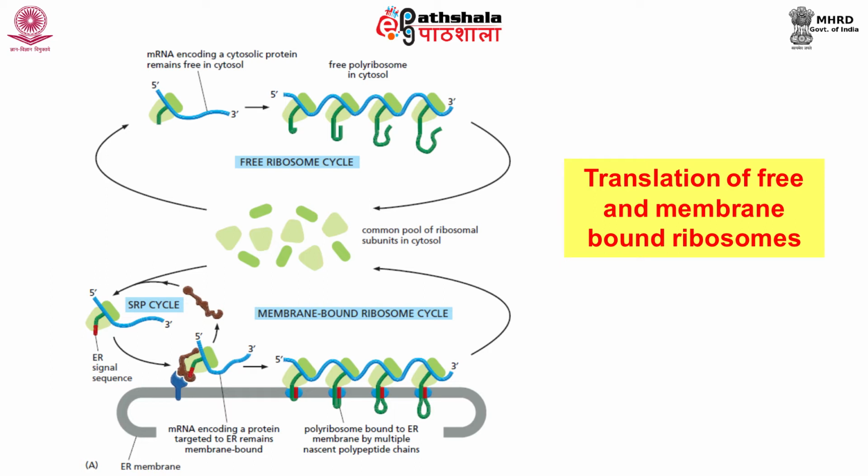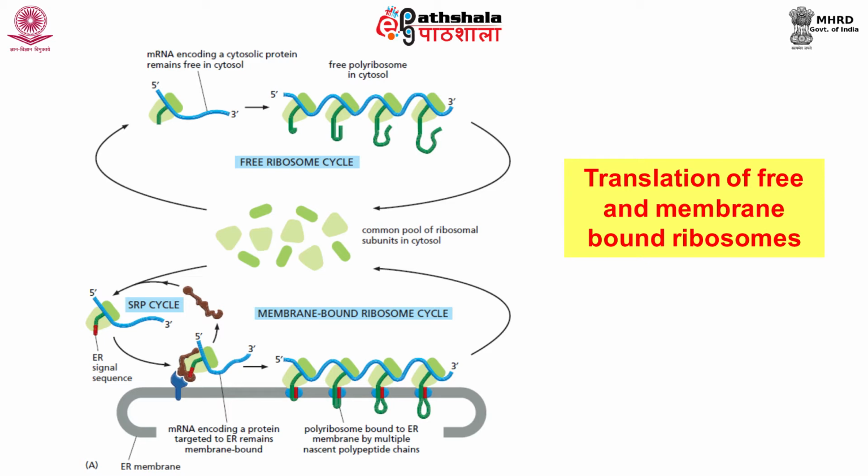Many free ribosomes from the ribosomal pool in cytoplasm bind to this mRNA, forming free polyribosome and start translation in the cytoplasm. After translation, the ribosomal subunits separate and move back to the pool, and polypeptide chain is set free in the cytoplasm.